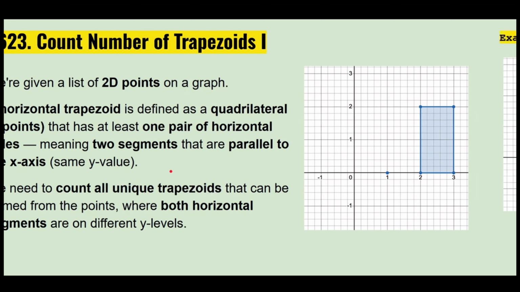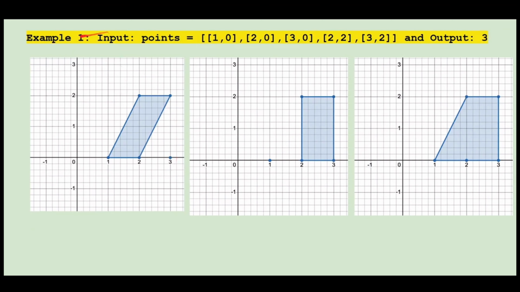Let me show you. If you consider this example, we have points 1 0, 2 0, 3 0, and we also have other points. If you consider the very first one, on the x-axis we have point 1 0, then at 2 we have 2 0, then at 3 we have 3 0.